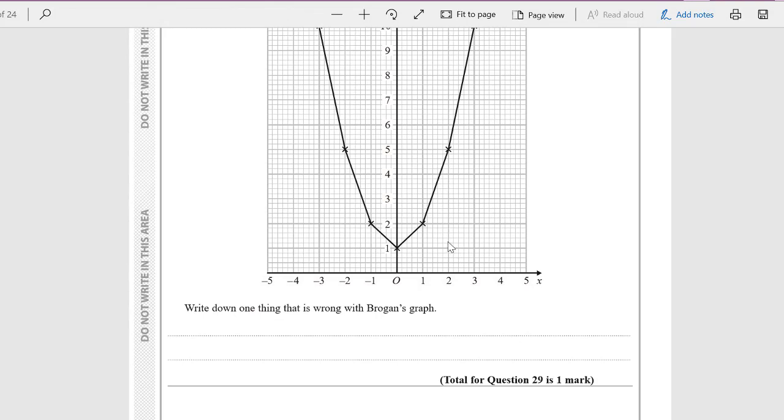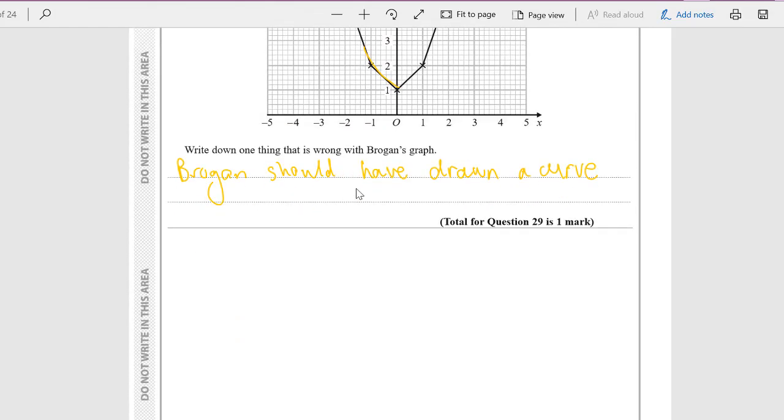So the first thing that I would say, which I've noticed, is Brogan should have drawn a curve, because this is not a curve, so it should have been a bit more smooth in his graph. Okay.